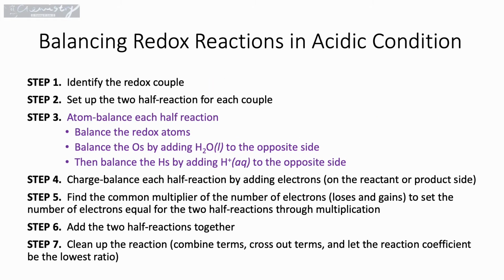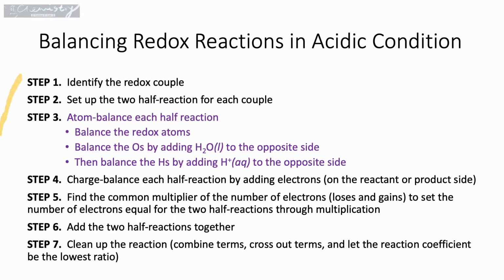In this video, we're going to focus on balancing redox reactions in special conditions, which are acidic and basic conditions. The method for acidic and basic conditions is based on how we balance the redox reaction in general conditions.